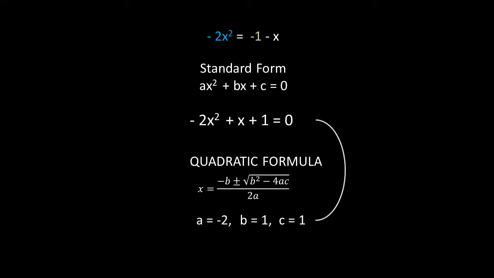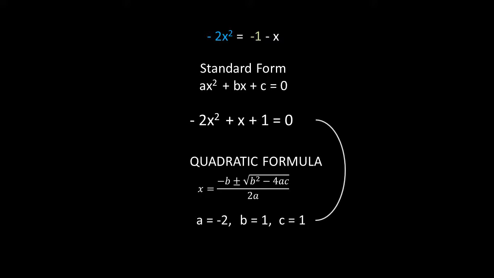Now we can proceed by using the quadratic formula, which is x is equal to negative b plus or minus the square root of b squared minus 4ac over 2a. In this equation, negative 2x squared plus x plus 1 is equal to 0, a is equal to negative 2, b is equal to 1, and c is equal to 1.